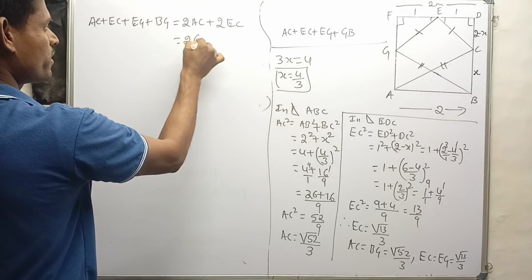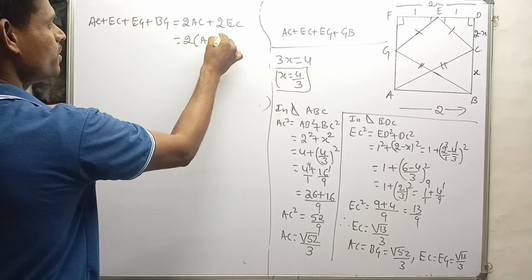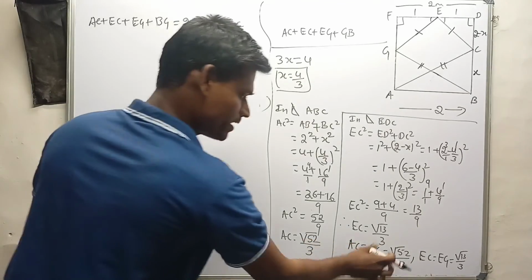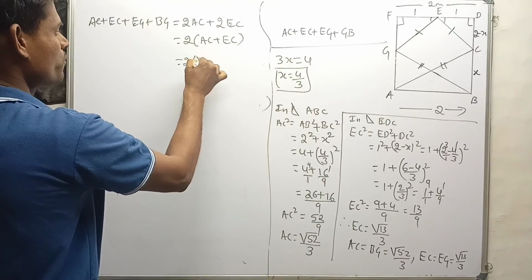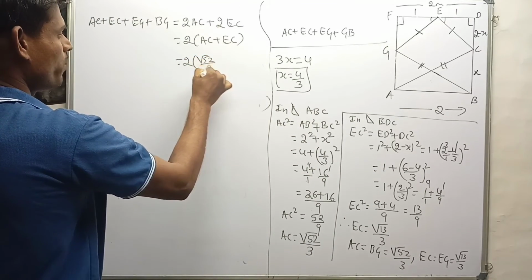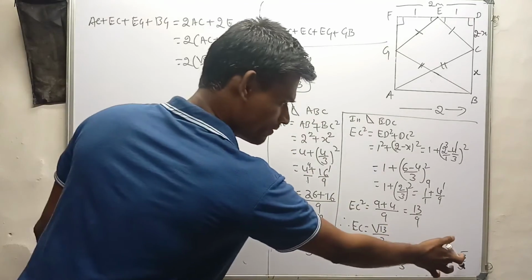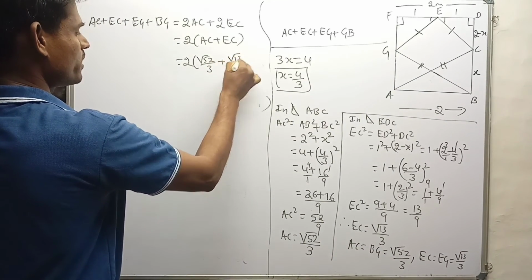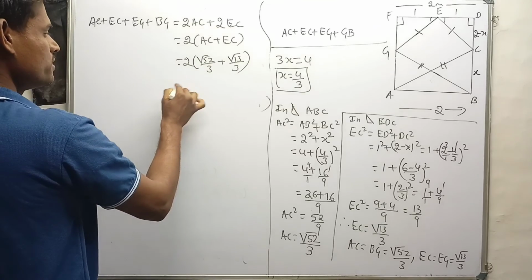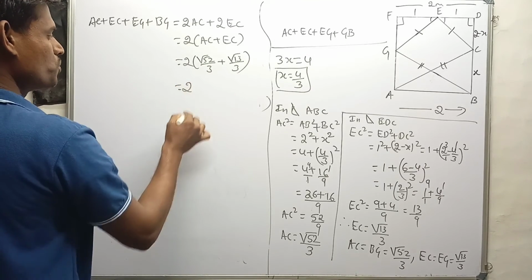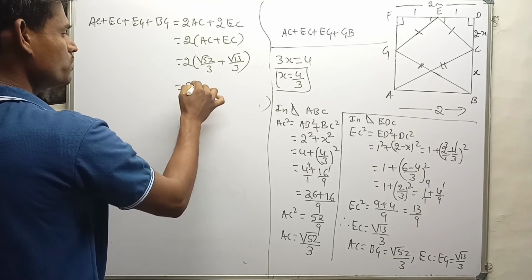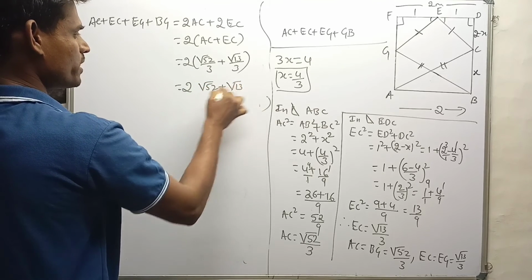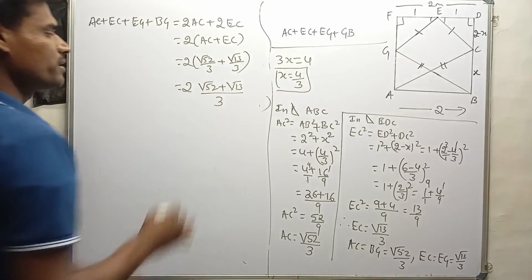So instead we can write 2 times AC plus EC. The length of AC is root 52 by 3, plus the length of EG is root 13 by 3. In general we can write 2 times root 52 plus root 13, divided by 3.